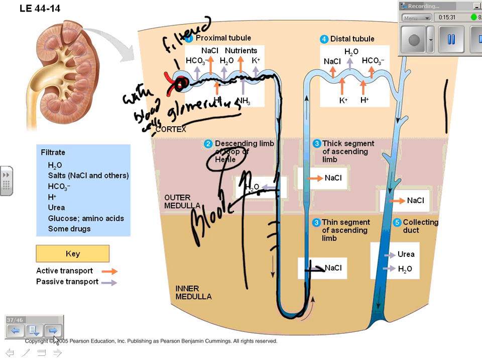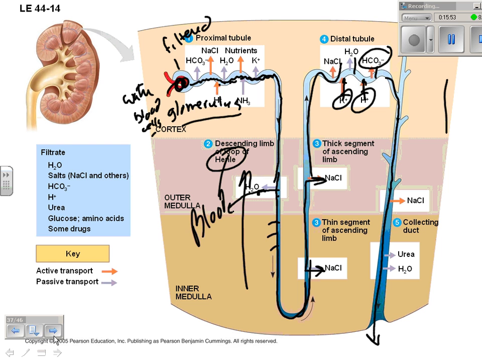Now, as you get down here, we've lost a lot of the water. Now salt can be taken out of the urine, going back up the loop of Henle. And then as we get to the end of the tube, we can excrete a little more water, some bicarbonate ion. We put into the urine extra potassium and extra hydrogen ions, and then that ends up in a longer tube called the collecting duct, which is on its way out.